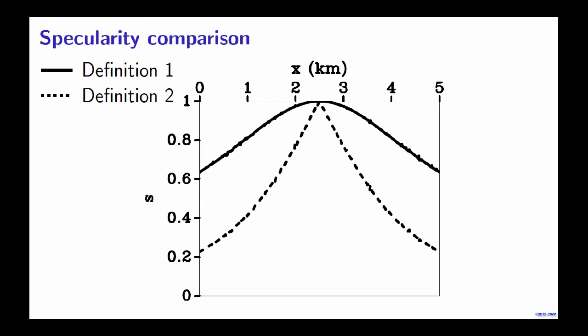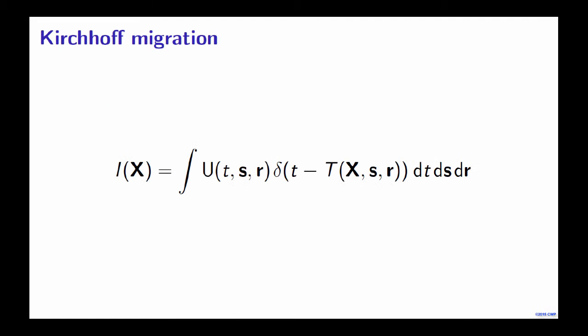So since we cannot simply remove the events that have specularity value 1, it was suggested by Sturzu et al. from Z-Terra that we build the so-called specularity gathers in order to see the distribution of energy according to specularity values. So if we look at this equation, this is a very well-known Kirchhoff integral without any normalization applied to it.